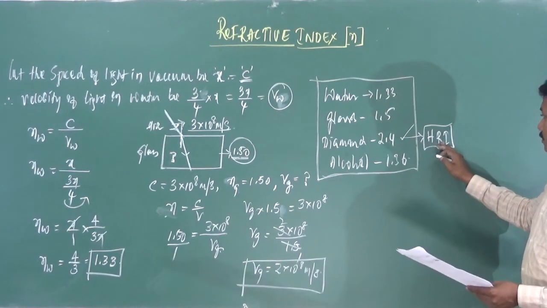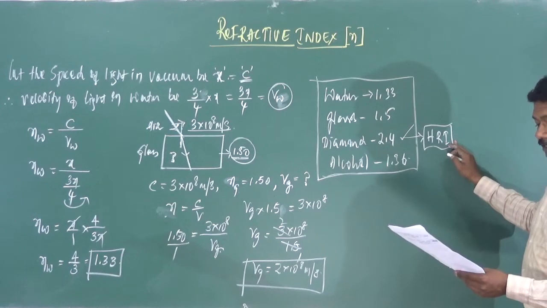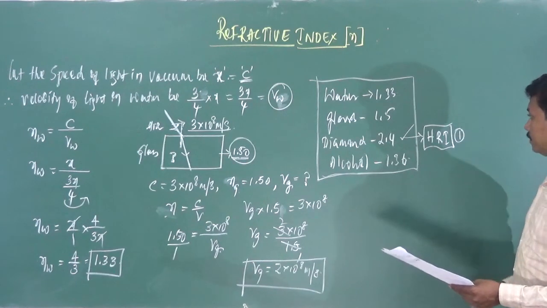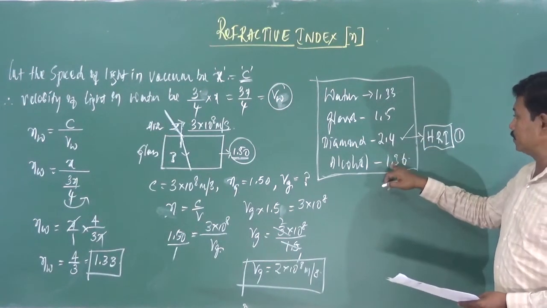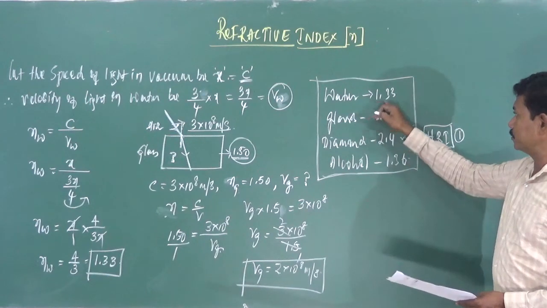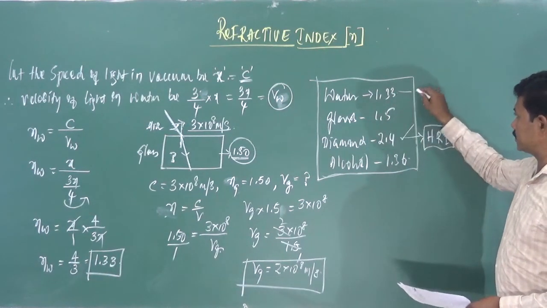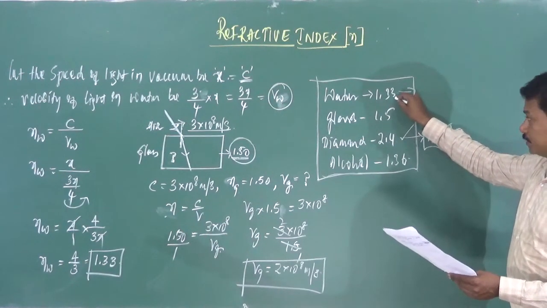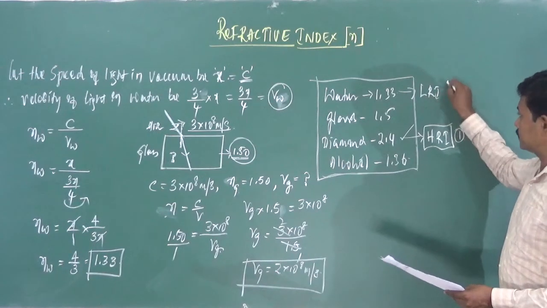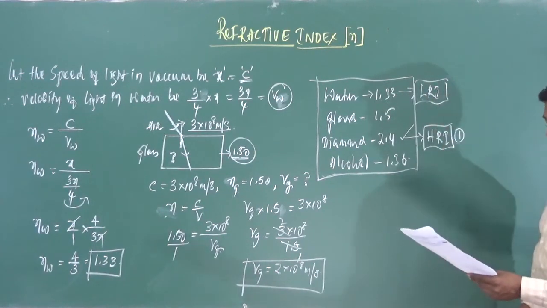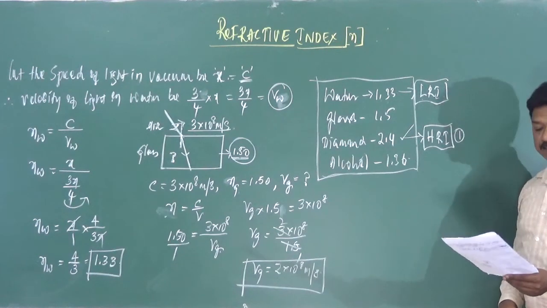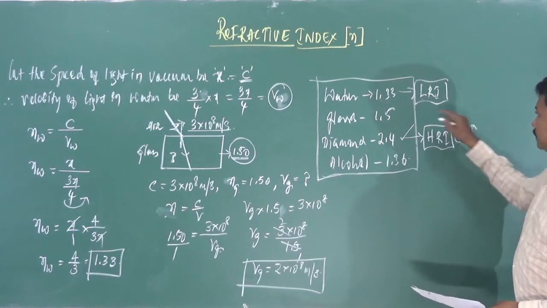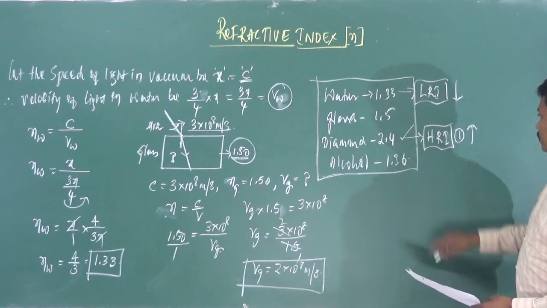So this has the highest refractive index, therefore it has the highest optical density. The first place goes to diamond. And the last one, compared with 1.36 and 1.5, is 1.33. This is the lowest refractive index. Water has the lowest refractive index, so therefore its optical density is very less. So the highest refractive index has more optical density and the lowest refractive index has the lowest optical density.